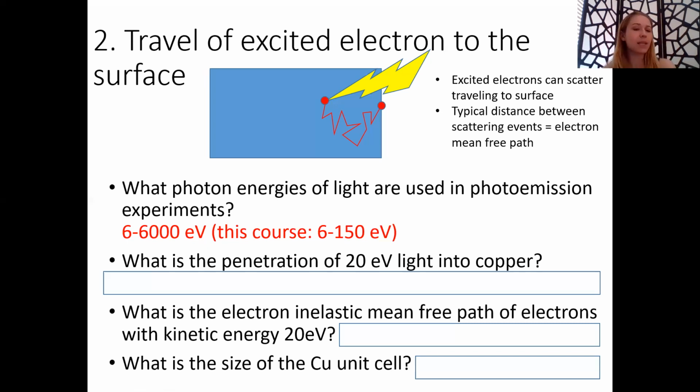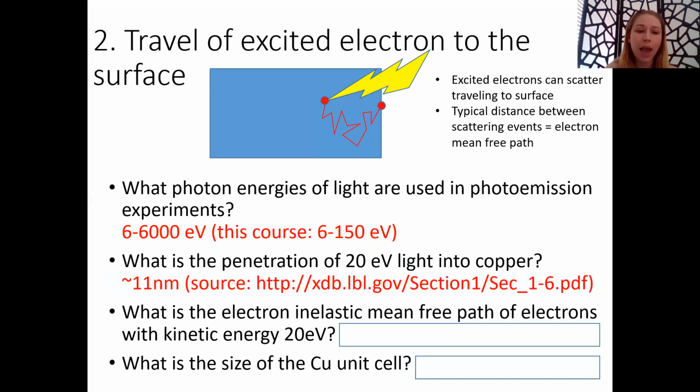How deep does this light penetrate into a material? This answer will have a little material variation, but it's generally going to be the same. It's on the order of 11 nanometers for this frequency of light, with copper as the material. So 11 nanometers is 110 angstrom.